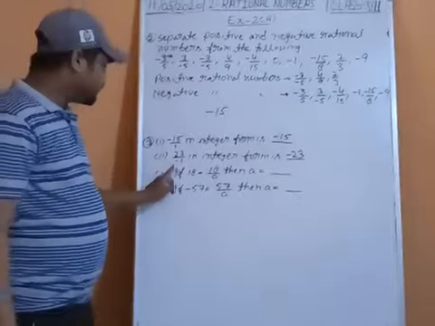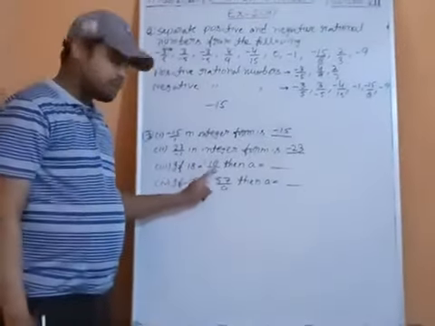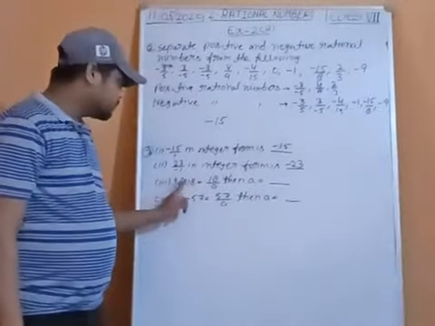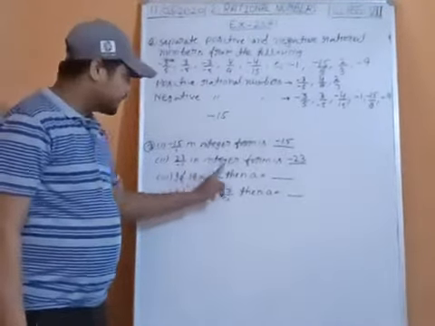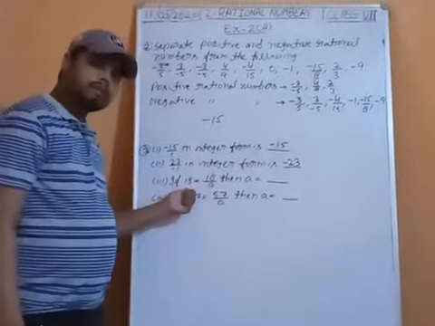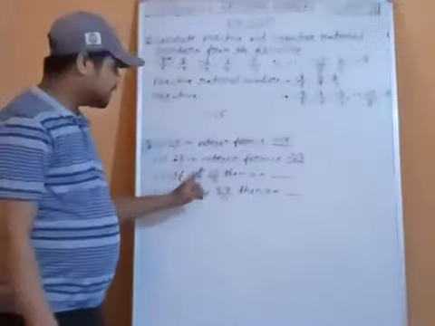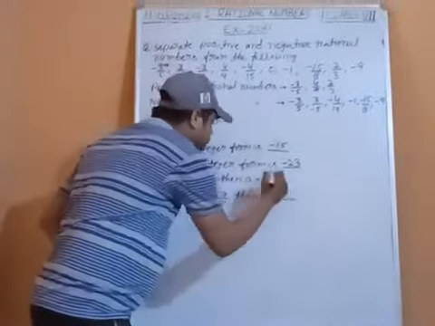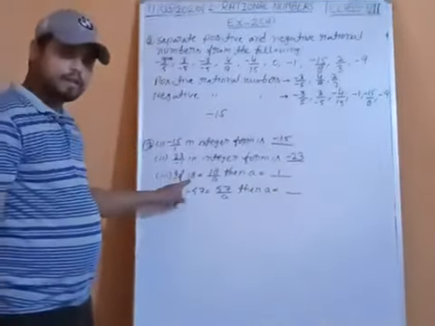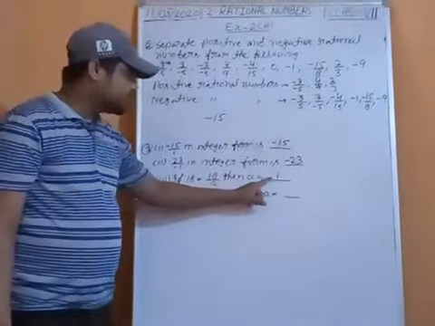Next, if 18 is equal to 18 upon a, we can say this also. Then a is equal to what value will we put here? It will come 18 upon 1. We will put 1. If we put minus 1, it will come minus 18. So if 18 is equal to 18 upon a, then a is equal to 1.